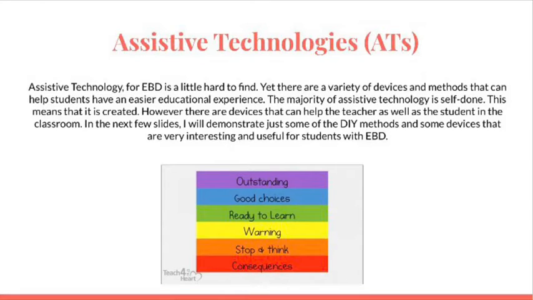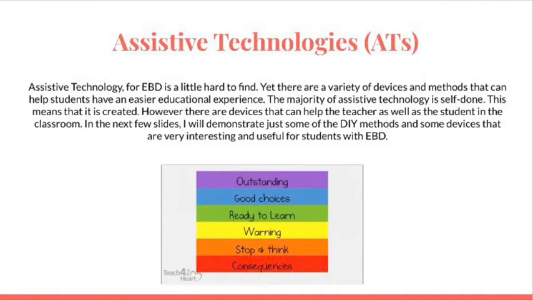Now, the majority that I found are self-done, which means that with just materials such as markers and posters or paper, you can make it on your own in your own time, spending little to no money. Apart from that, there are also devices, like technologies, that can help students when it comes to having emotional and behavioral disorder.